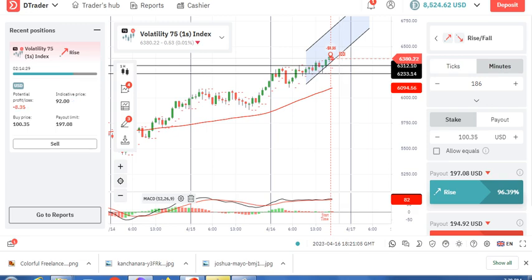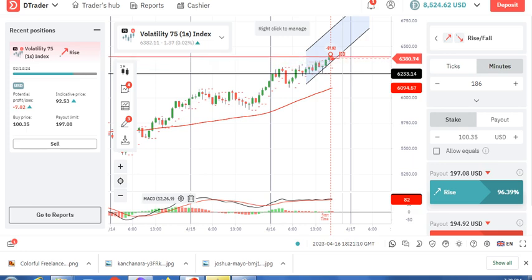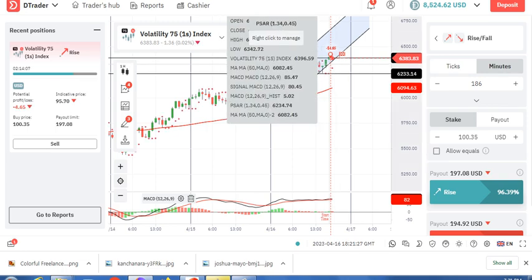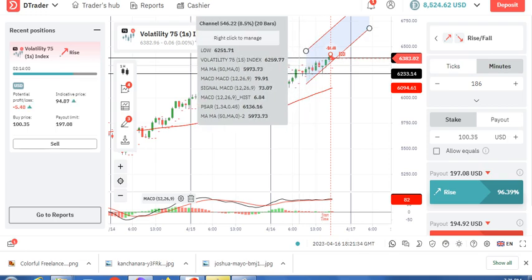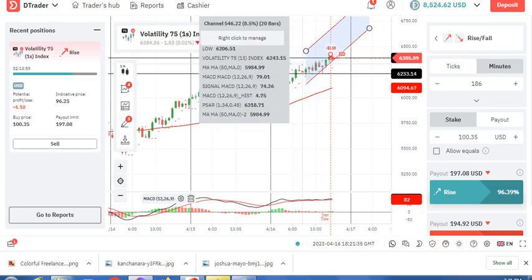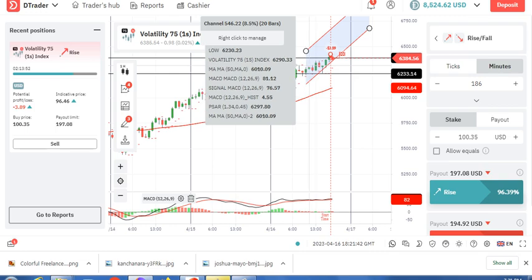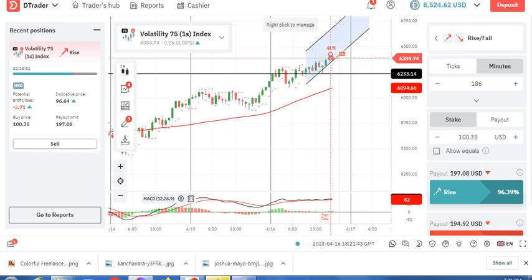If by mistake it breaks this support and drops down, it will still meet another support, this particular place, which will act as resistance to the drop. So if the market drops to this point, it can bounce back.